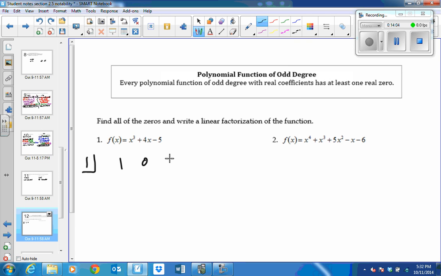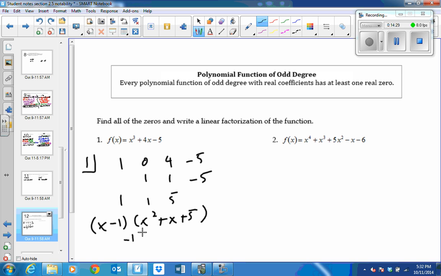So we have 1, 0, 4, negative 5, 1, 1, 1, 1, 5, negative 5. So that gives us x minus 1 times x squared plus x plus 5. So we need to find those other 2 roots that exist for this, and we're going to do the quadratic formula.